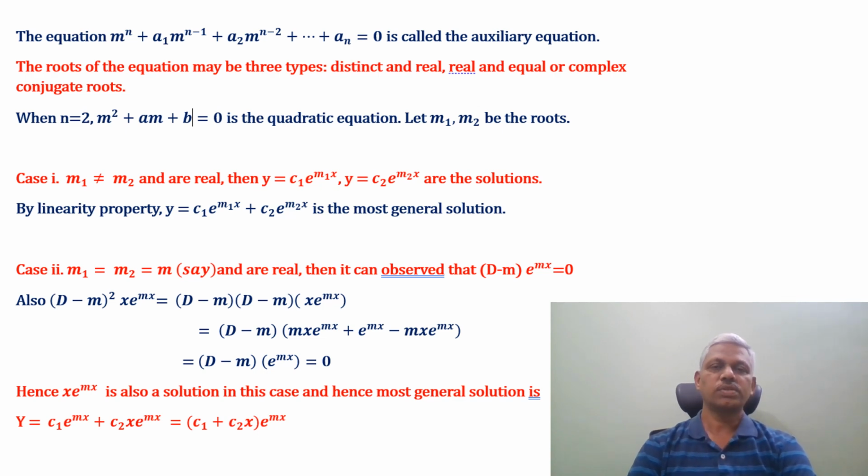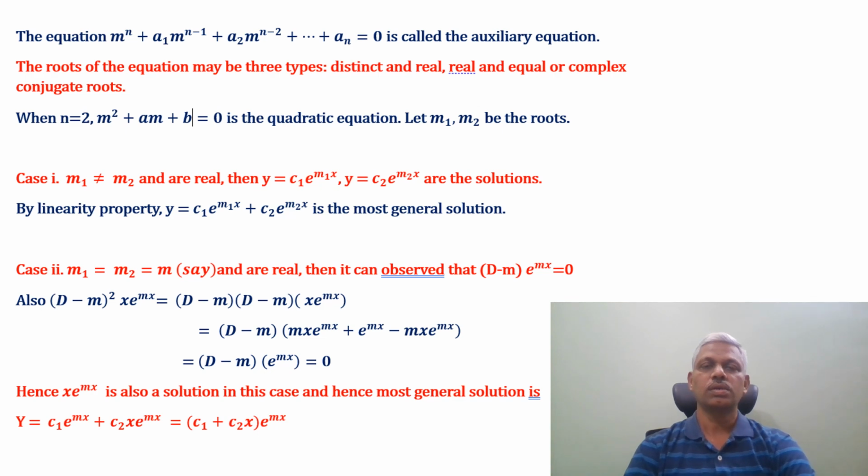For the sake of simplicity, we will focus on a second order algebraic equation of the form m square plus am plus b is equal to 0. In the first case, if the roots are real and distinct, let m1, m2 be the roots, and m1 is not equal to m2.